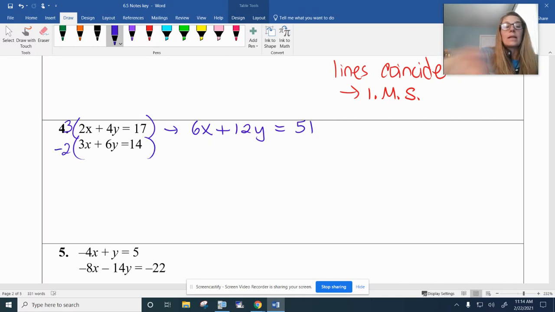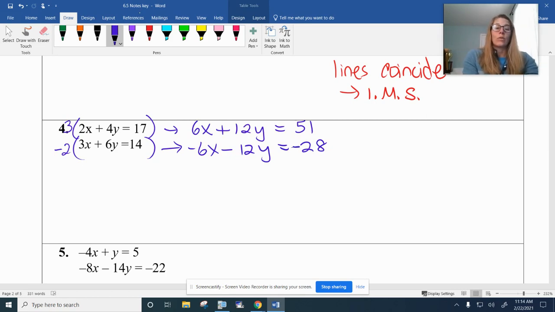Now, let's say I did the -2. I have -6x minus 12y equals, and that would be -28. Now, look, these are going to cancel. I'm going to be left with 0 on this side, but this side I'm going to have an answer. I believe it's 14.